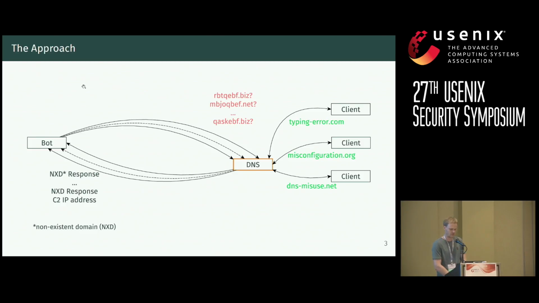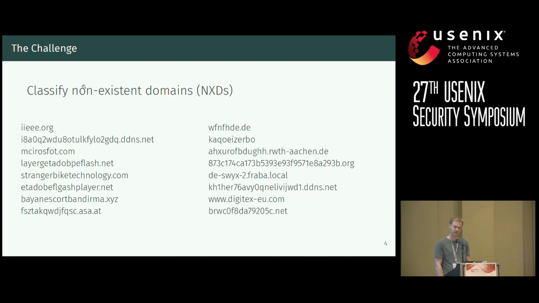But if you record such traffic at a larger DNS server, you will not only see DGA-related traffic, but also NXDomain responses caused, for example, by typing errors, misconfigured software or DNS misuse. That yields our challenge here: to classify these non-existent domains into benign domains and DGA-related domains.